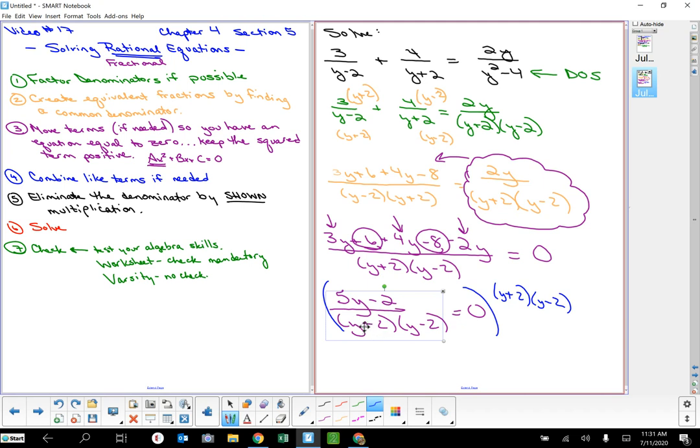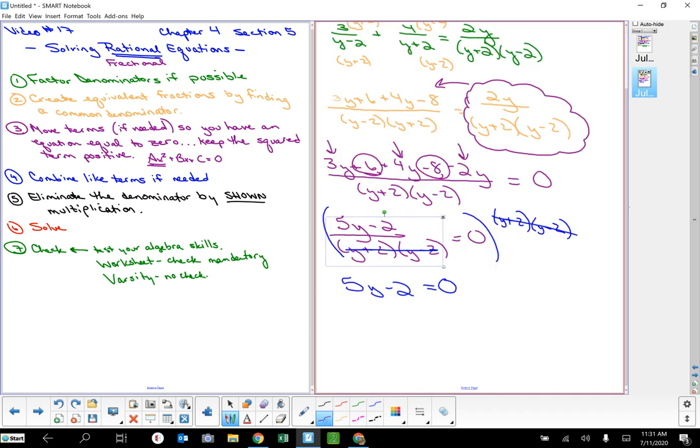Now, if I multiply it on the right, it's 0, right? 0 times anything is 0. And on the left, that would cancel that, leaving us just 5y minus 2 equals 0. Now I'm going to move the 2. So 5y equals 2 and y equals 2/5.